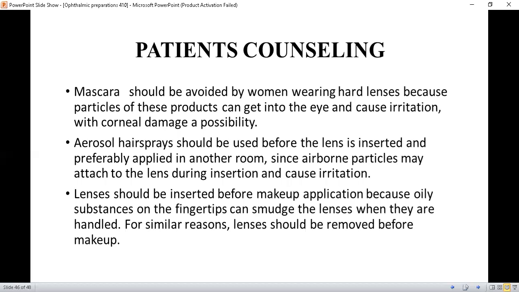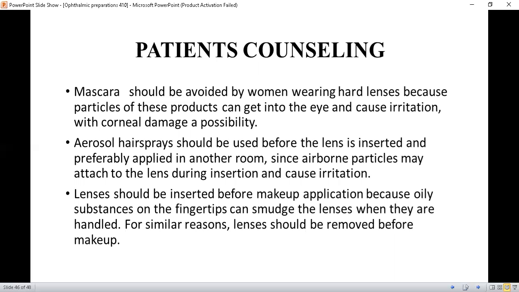Next, aerosol sprays should be used before the lens is inserted and preferably applied in another room, since airborne particles may attach to the lens during insertion and cause irritation. If you have lenses in your eyes and you are going to use aerosol sprays, which contain particles in nano size, the nanoparticles can migrate into the eyes and cause irritation.